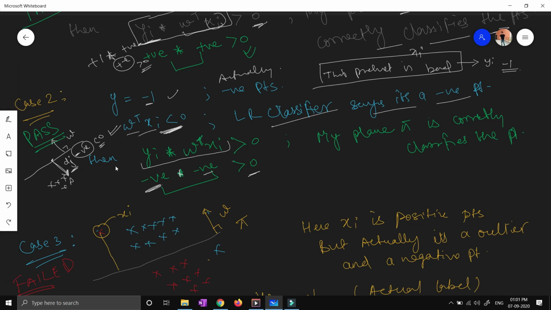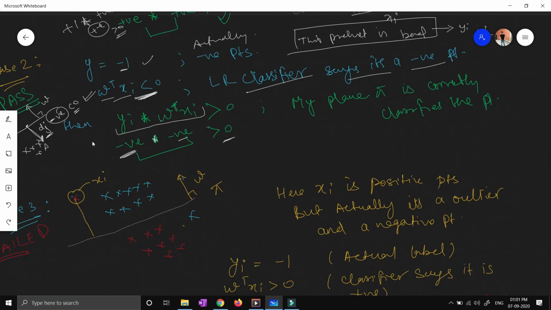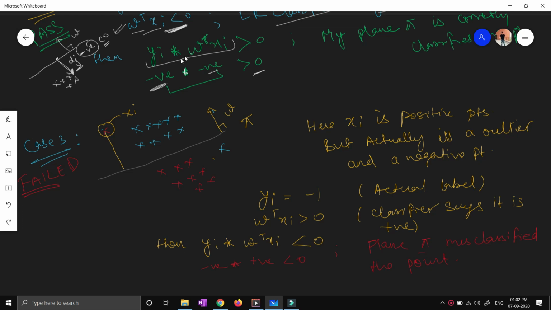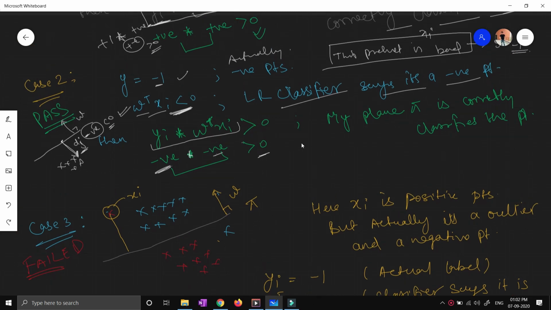You can see over here that the fun part is we are calculating a term to check whether my logistic regression performs the classification correctly or not. We are calculating this particular term yi cross w transpose xi, and if it is greater than 0, then my cases pass.